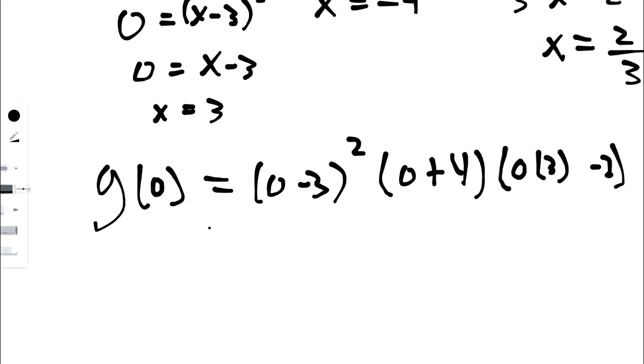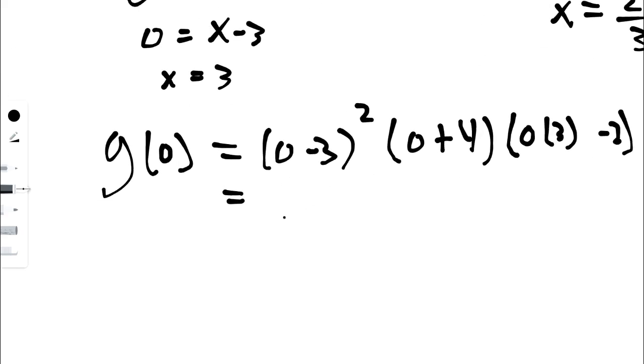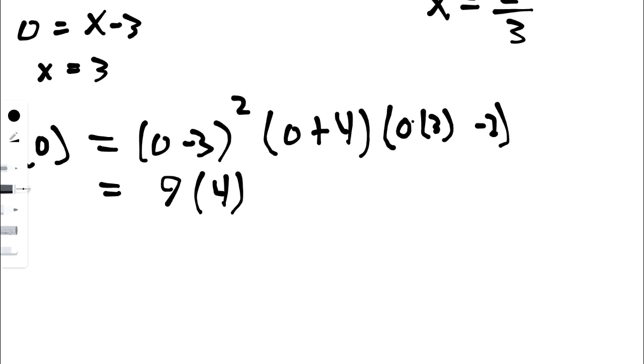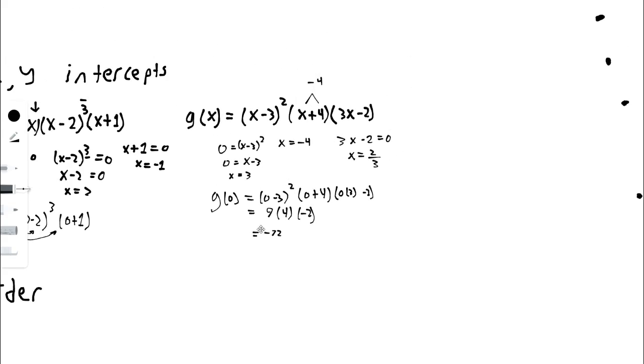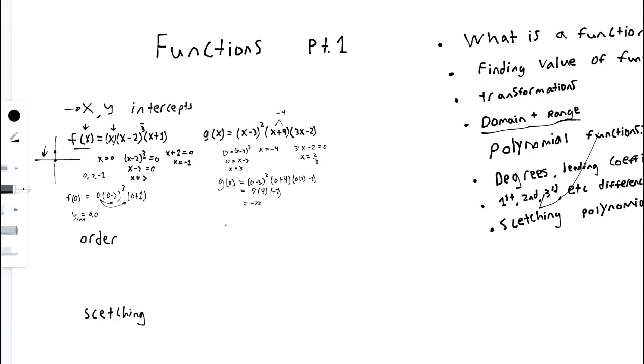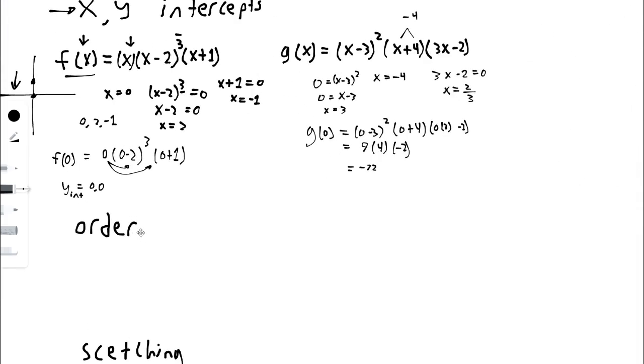So this would be negative 3 squared, which is just equal to 9. This would just be 4. This would be 0 times 3, which is 0 minus 2, so negative 2. And then this should all equal negative 72. There we go.